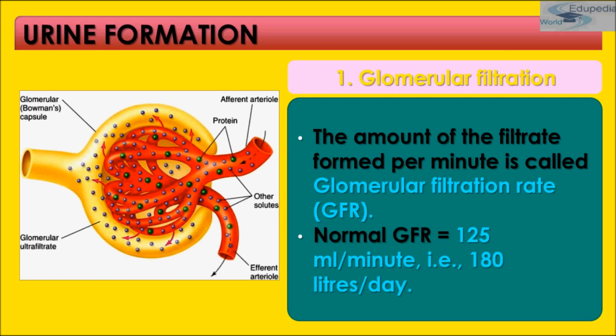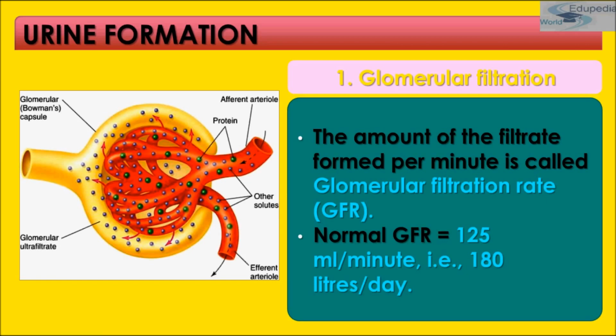Please note that the rate of filtration, which we call GFR, the glomerular filtration rate, is about 125 milliliters per minute. That is, about 180 liters of filtrate is formed by the kidneys in 24 hours.